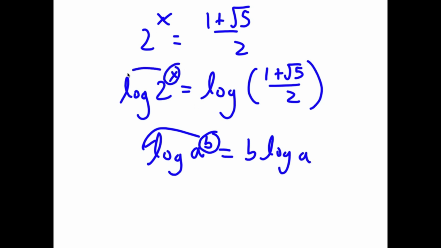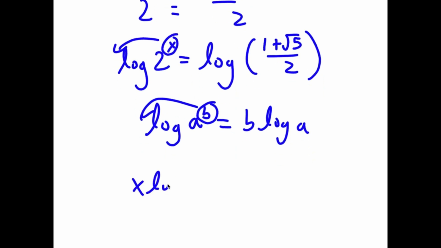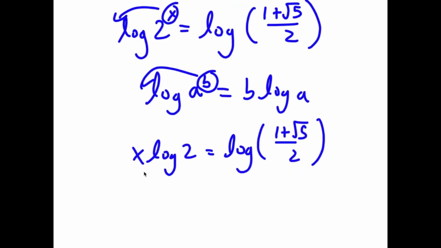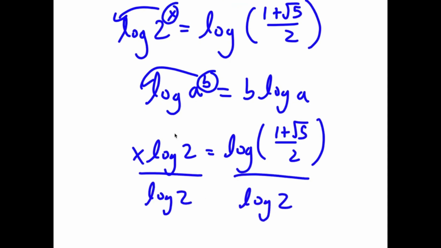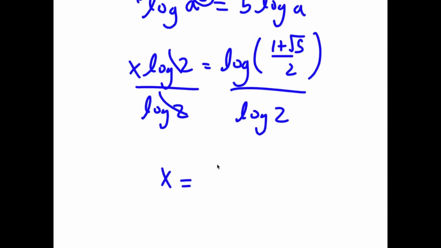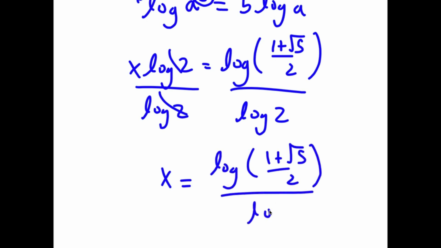So in this case, I can move x to the front. So now I have x times log 2 is equal to log of 1 plus the square root of 5 over 2. Now if I divide both sides by log 2, these two cancel out, and I have x is equal to log of 1 plus the square root of 5 over 2, over log 2.